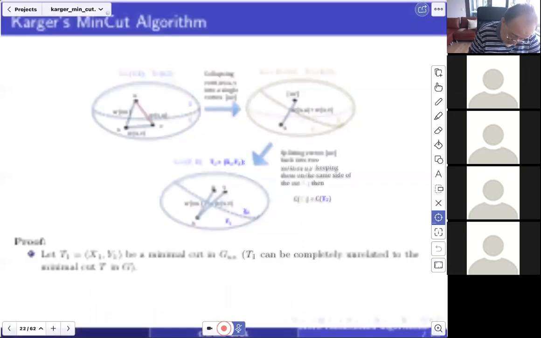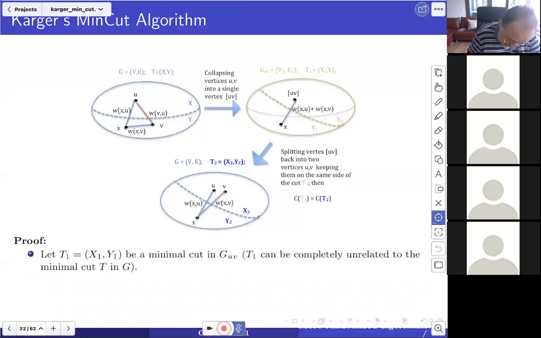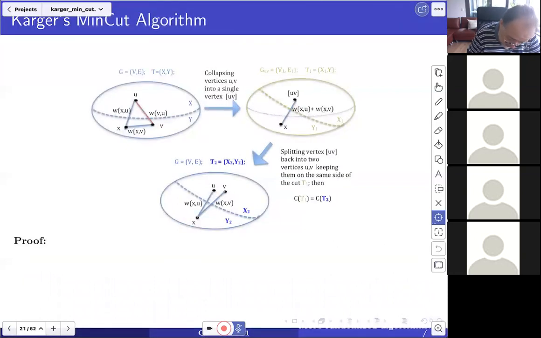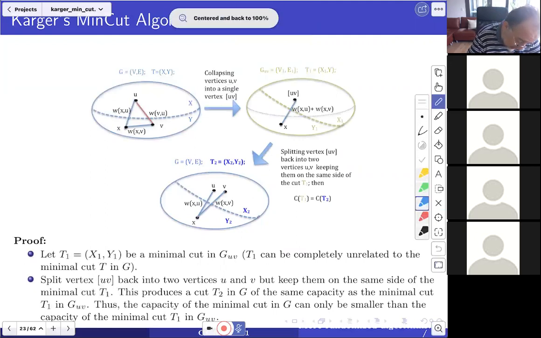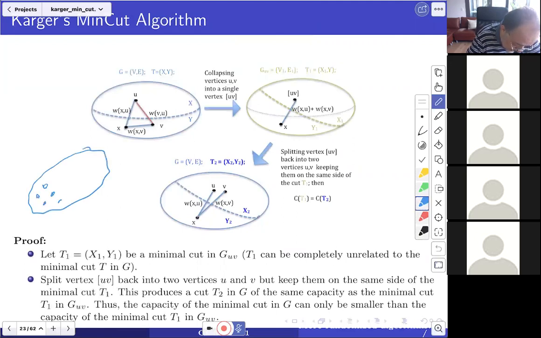This is just what we draw. If you collect here all the numbers that are capacities of the cuts in the original graph, only a subset of them is the capacities of the cuts in the new graph, right?